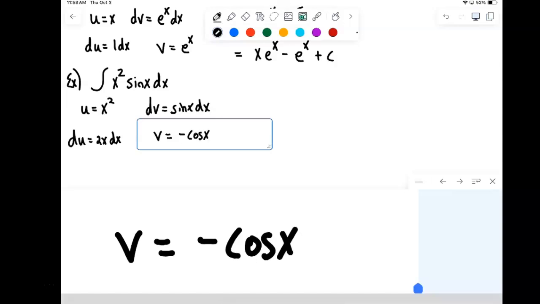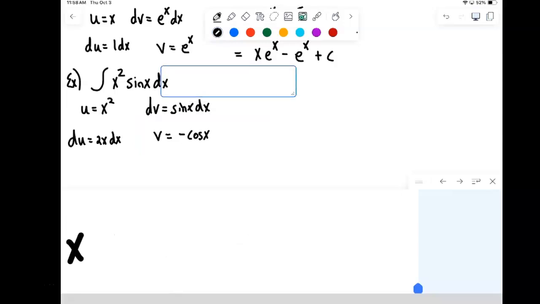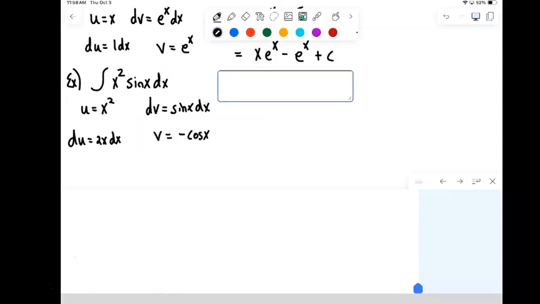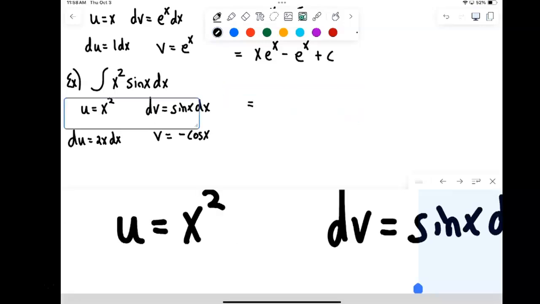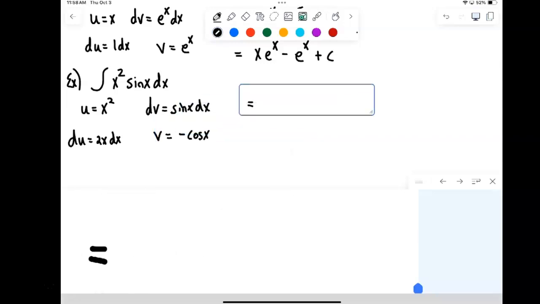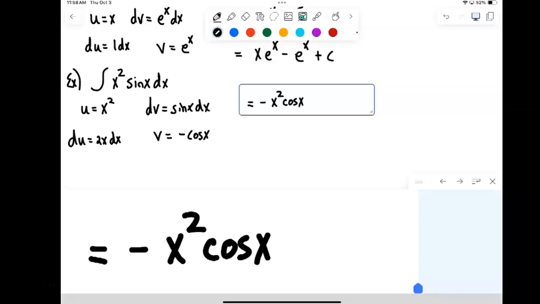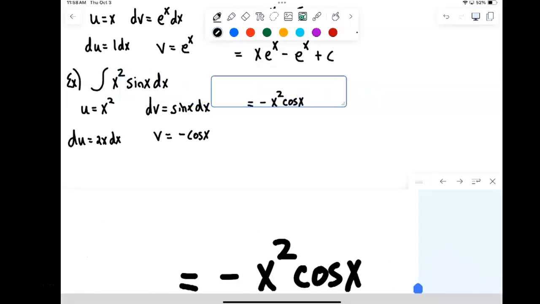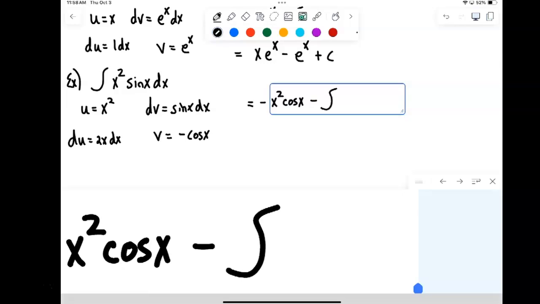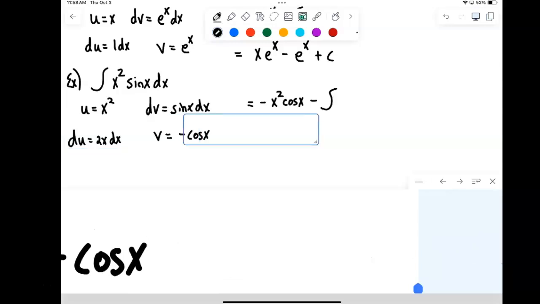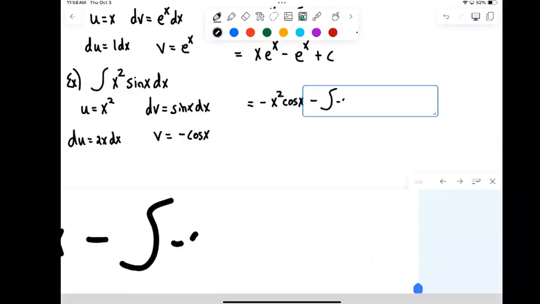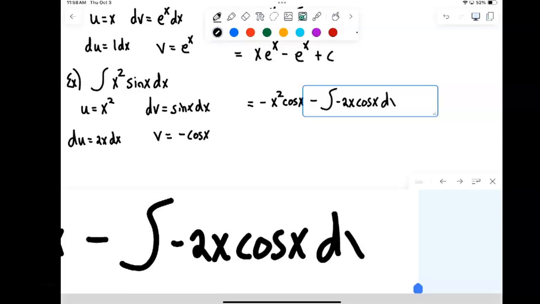Okay, and then we use the formula. This thing is going to be equal to uv, so x squared cosine x, which I'll write as minus x squared cosine x, and then minus the integral of v du, so negative 2x cosine x dx.